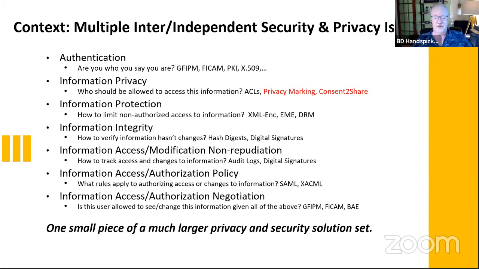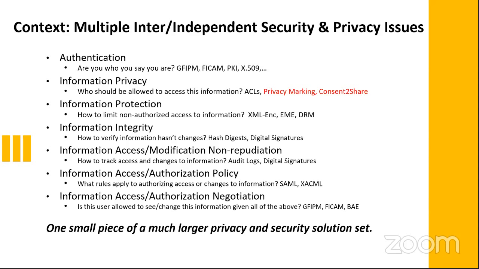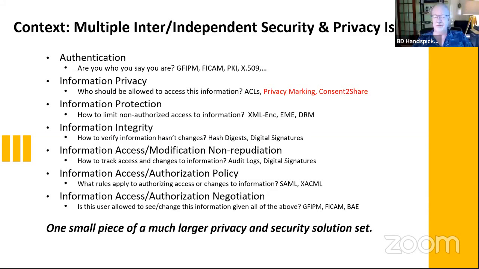If you're authorized to see, how much of that information are you allowed to see? And how do we ensure that the information that you're looking at hasn't changed somewhere along the way by some nefarious person in the middle, trying to change your records for their own benefit?